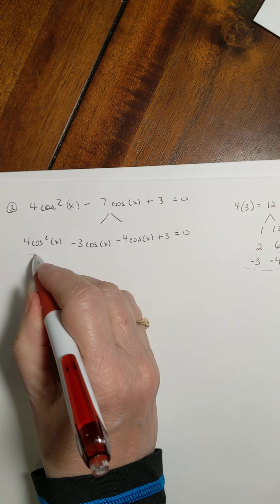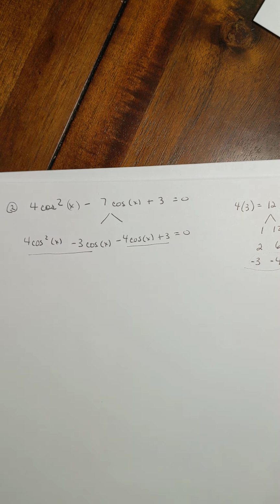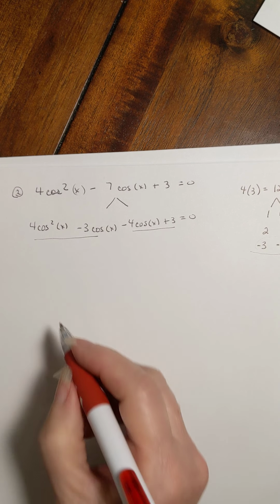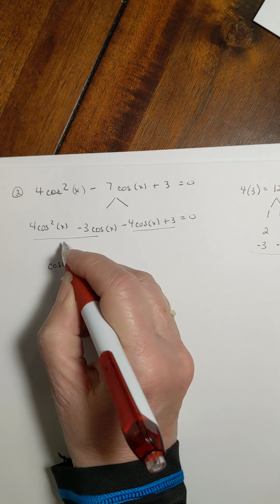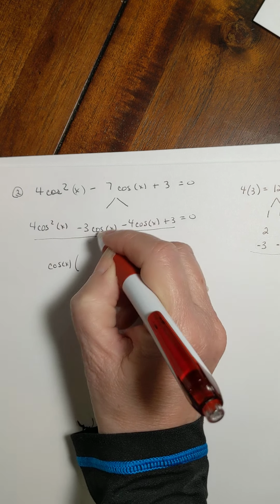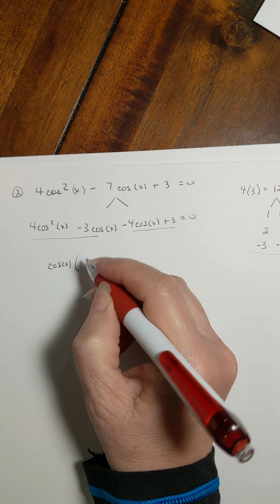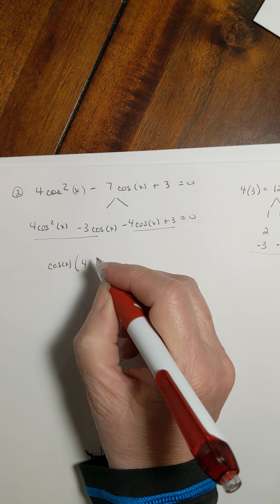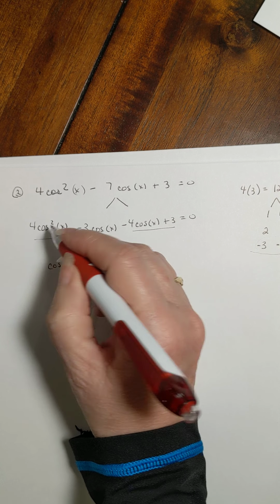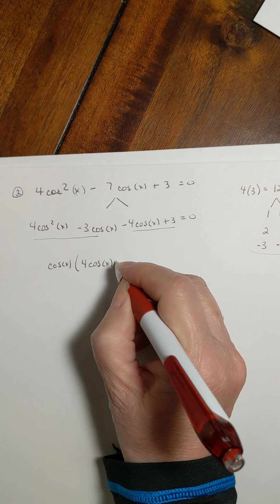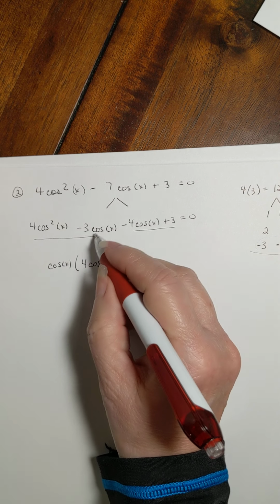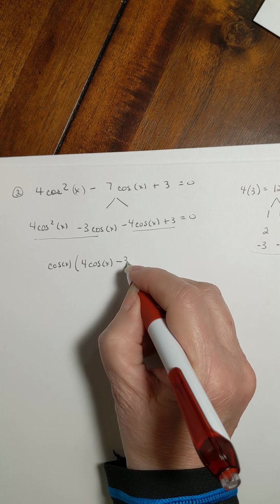Again, I have 4 terms. What's common to my first 2 terms? Well, cosine of x goes into both of them. And if I divide the cosine of x into each of them, 4 cosine squared of x, this one cancels with one of those, so I get 4 cosine of x minus, and then again, the cosine of x just cancel, and I get 3.